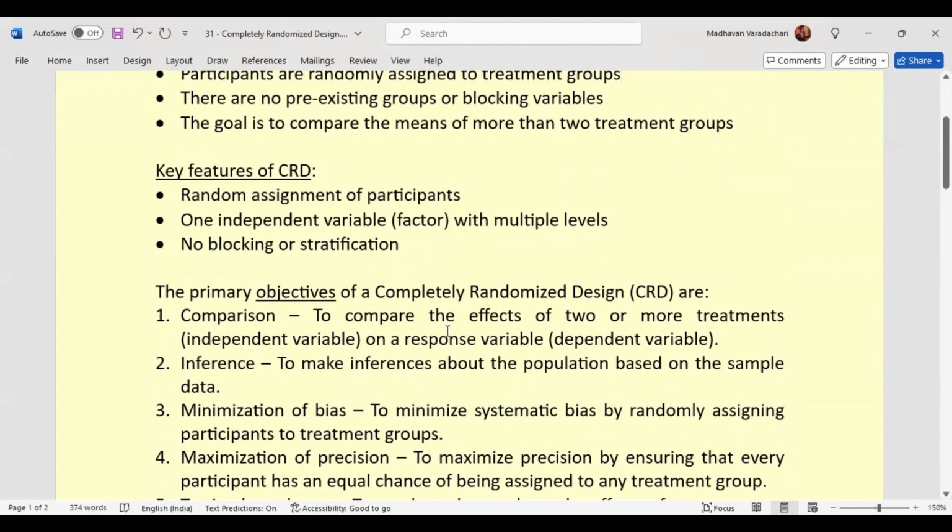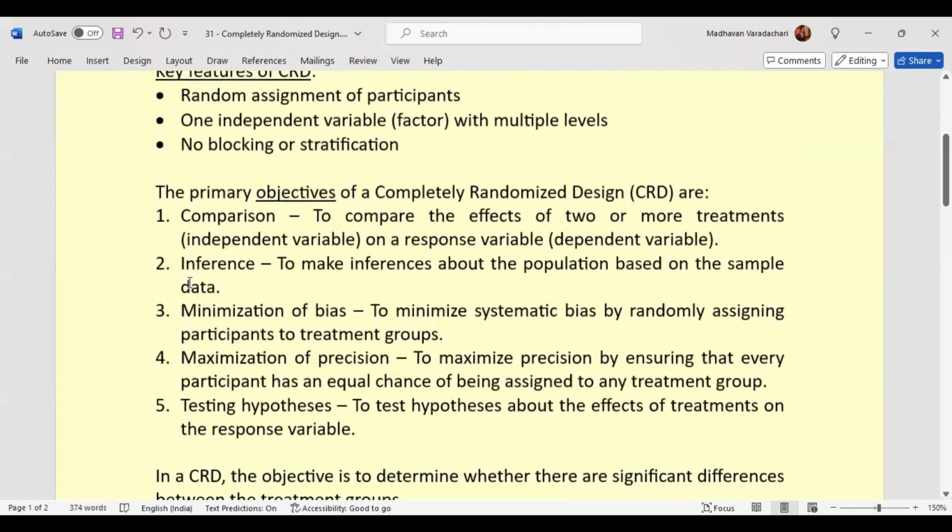or more treatments, that is independent variable, on a response variable, that is dependent variable. Inference, to make inferences about the population based on the sample data. It also minimizes bias, meaning to minimize systematic bias by randomly assigning participants to treatment groups.